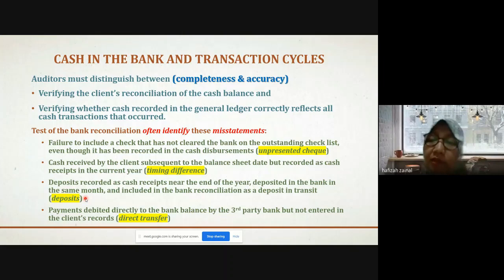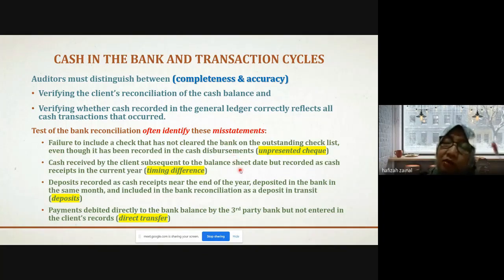So these are also items that you need to reconcile, because they appear on your part but do not appear on the bank part, like the unpresented check, the same thing. And then you might also have a third party transfer which is not notified to you. So these are all the items that normally we will reconcile.